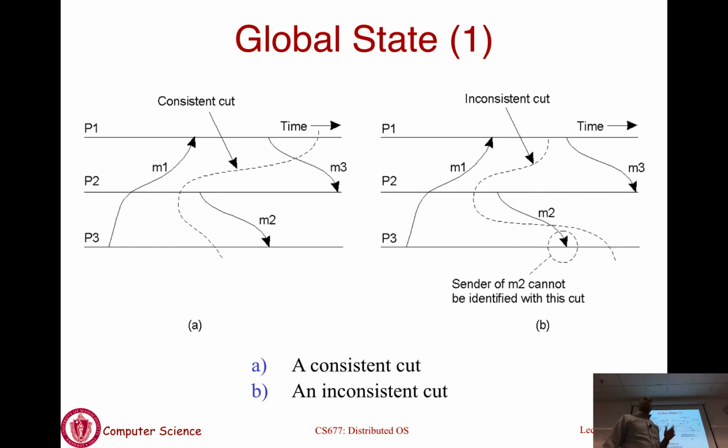Even though the snapshots are taken at different times on different processes, if you restart the processes from these checkpointed states and replay all of the messages, no messages will be lost, no messages will be delivered twice, and the state will be consistent. It captures the local state of a process and it captures all the messages that are in transit.